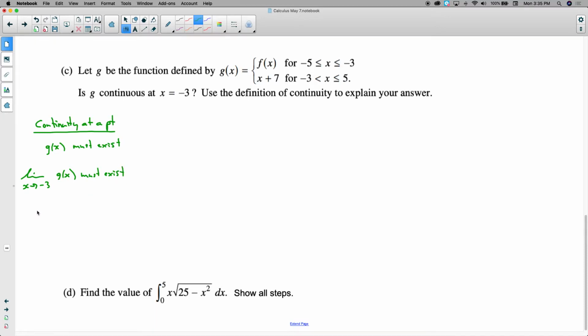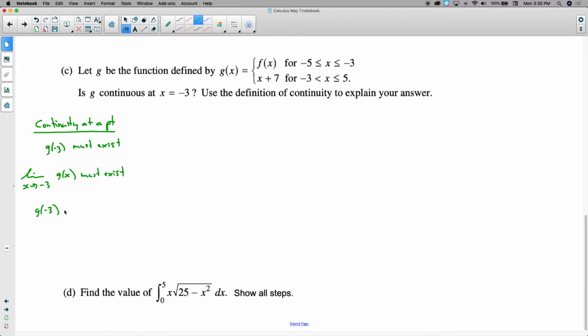And third, since I started putting numbers in here later, let's just put in numbers in the beginning. So let me change it to: g at -3 must exist. The limit as I approach -3 on my function must exist. And those two things must be the same.